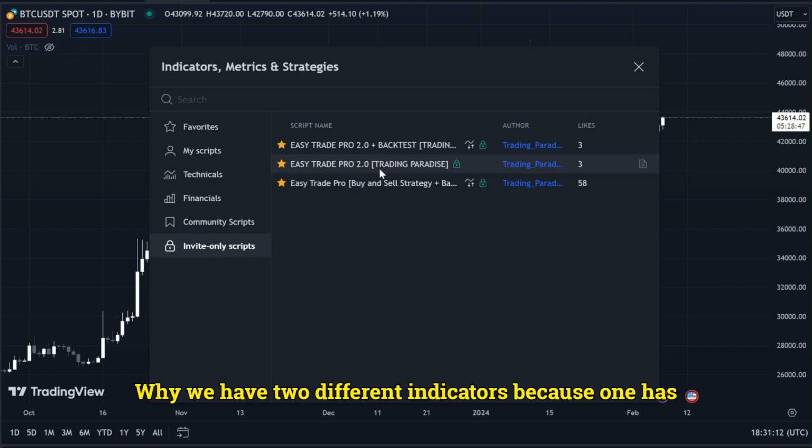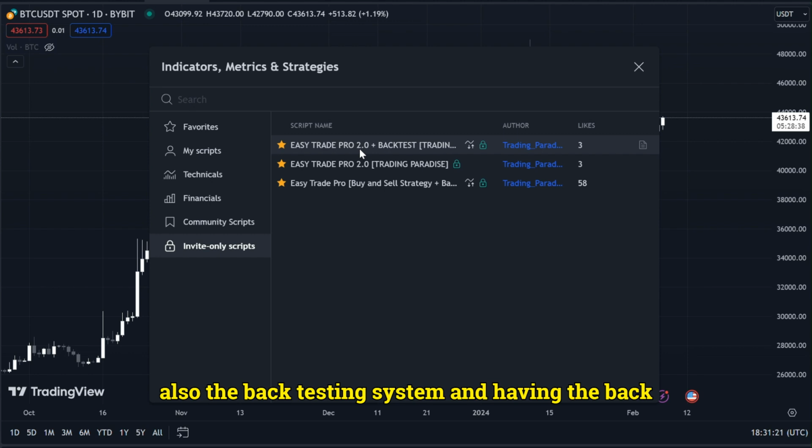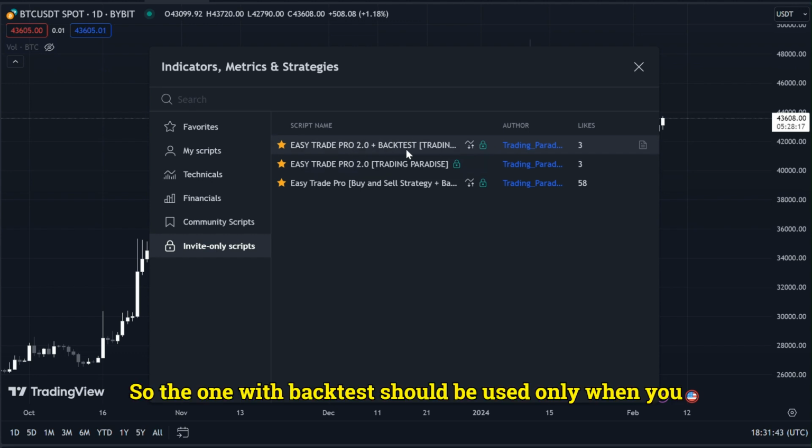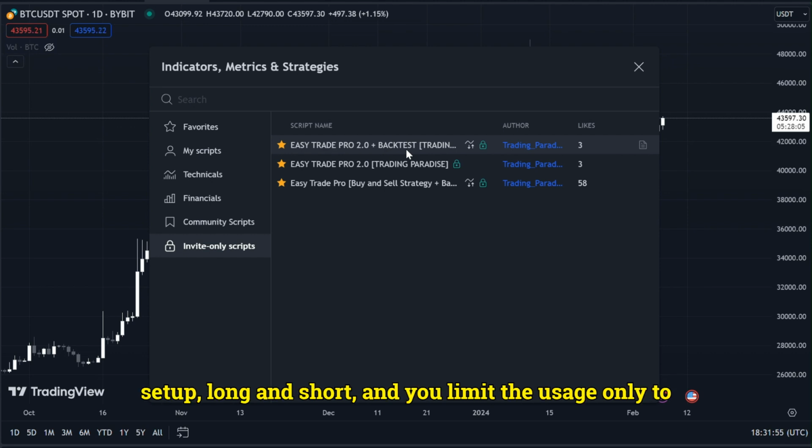Why do we have two different trading indicators? Because one also has the backtesting system, and having the backtesting system means that the code is much longer, so it's slower in loading, and it's not suitable for checking the chart all day, every day. The one with backtest should be used only when you want to research possible automated long and short setups, and you limit the usage only to this.